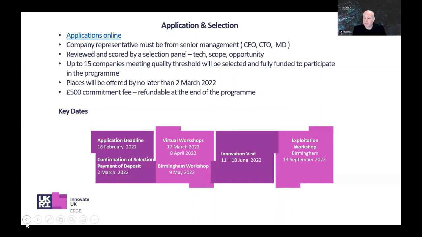Feel free to go through that route, and that's always quite positive. I would definitely say if you've got an innovation and growth specialist, have a conversation with them, because they will be able to spend a bit of time with you and go through your application, not necessarily write it for you, but certainly give you some pointers on what you should be putting in.